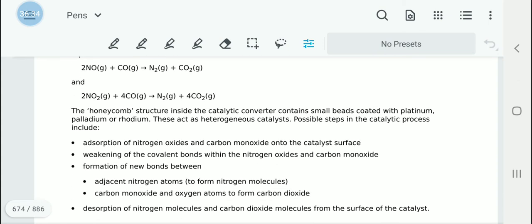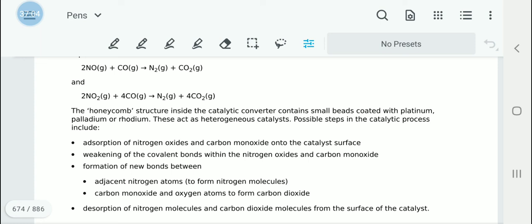The catalytic converter is made up of small beads coated with platinum, palladium and rhodium, which act as heterogeneous catalysts because they are in solid form. In this, adsorption of nitrogen oxide and carbon monoxide occurs on the catalytic surface.